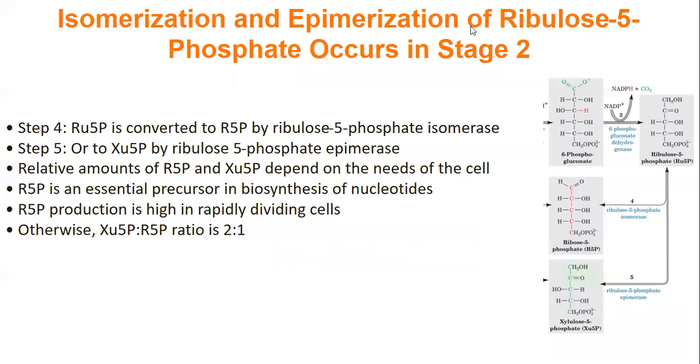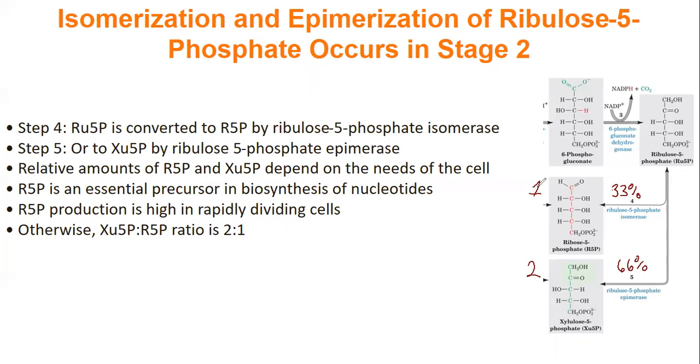If you look on the image here, the arrows are actually telling you the relative amounts. 33% of the time, usually, we go this pathway. 66% of the time, we go this pathway, or a 2-to-1 ratio. For every 1 molecule of ribose 5-phosphate you make 2 molecules of xylulose 5-phosphate. That can, of course, be changed by enzyme amounts or different allosteric modulators, but in general, that's what's going on.